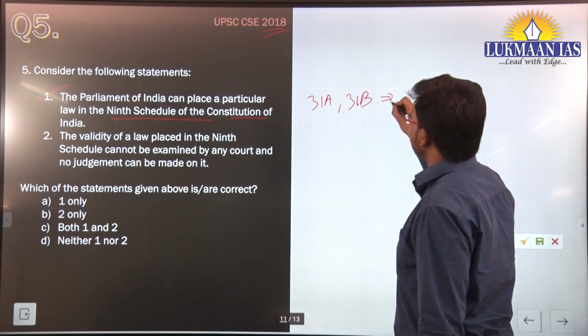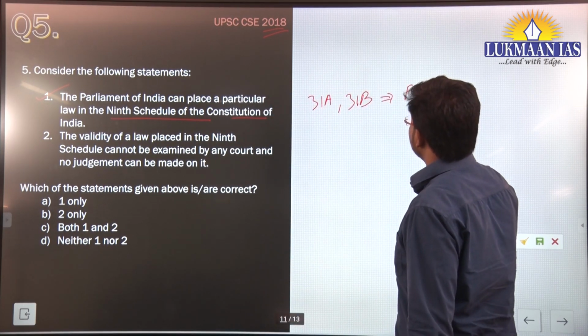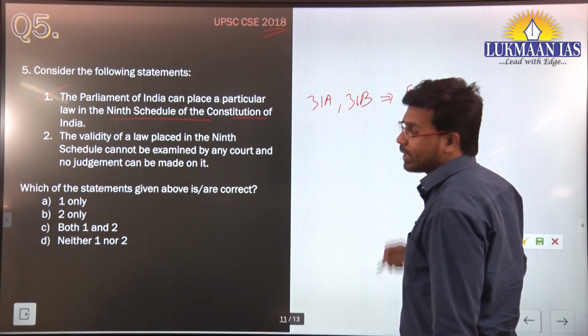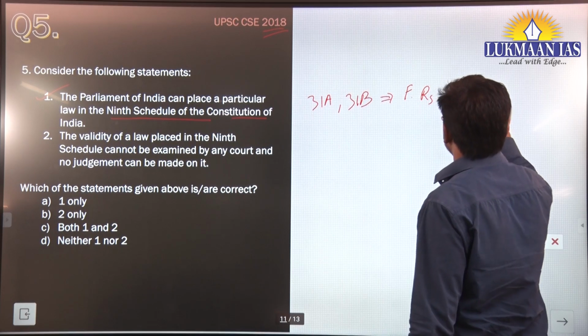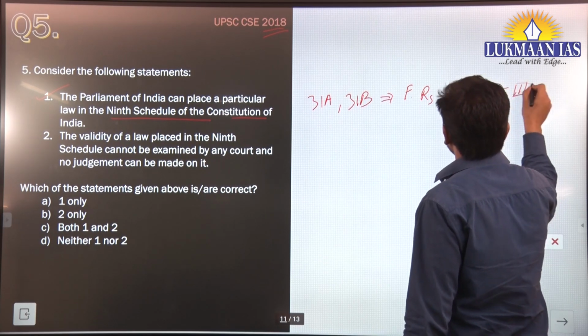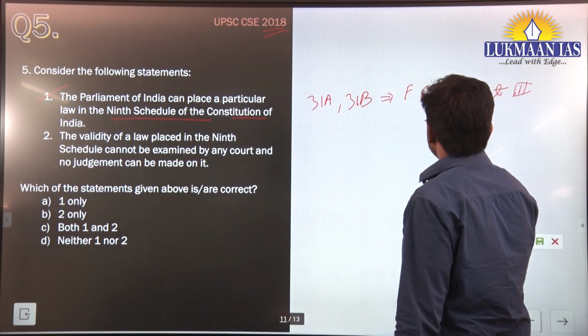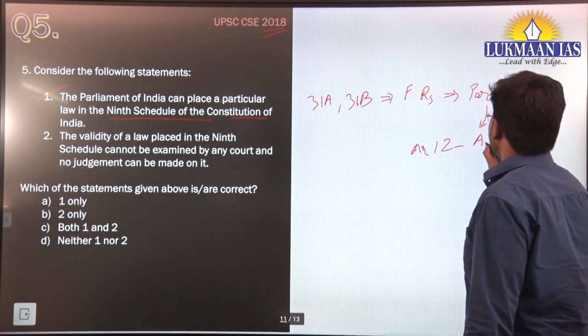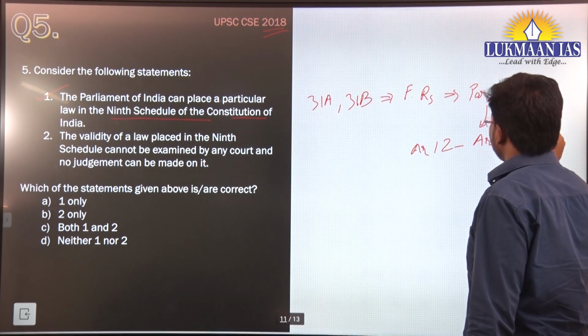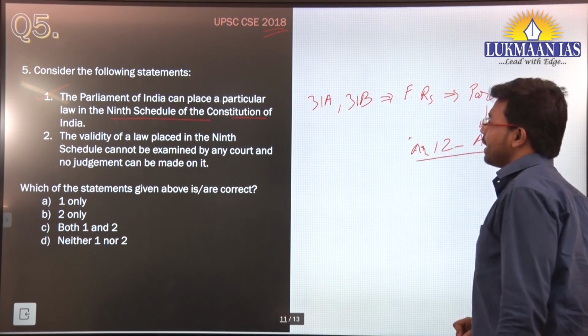These articles are part of fundamental rights, which are mentioned in Part 3 of the Constitution, covering Article 12 to Article 35.